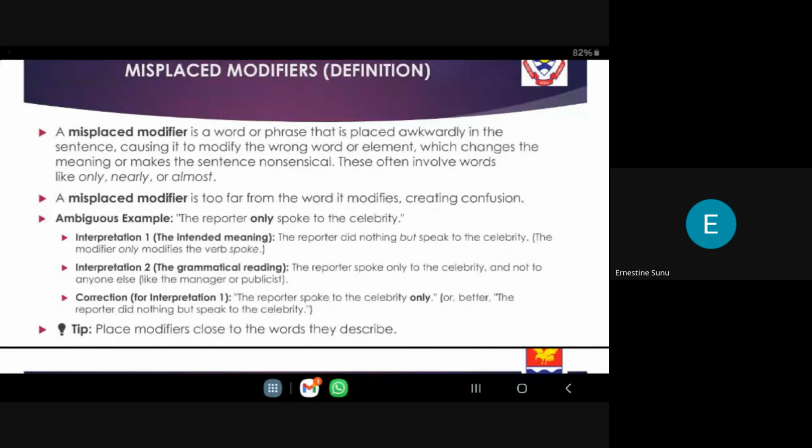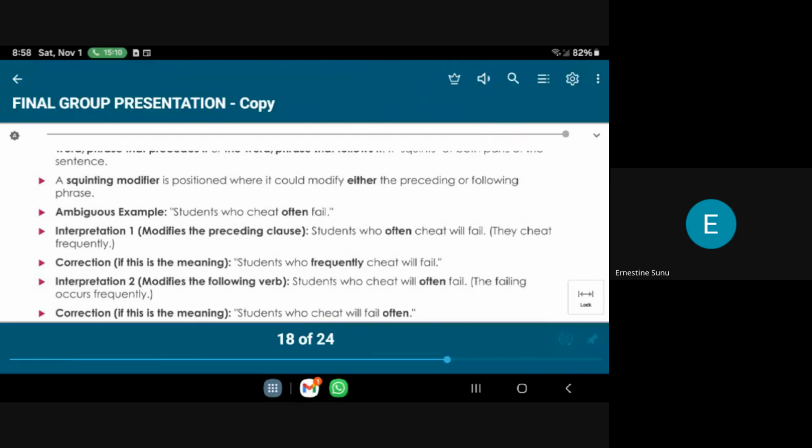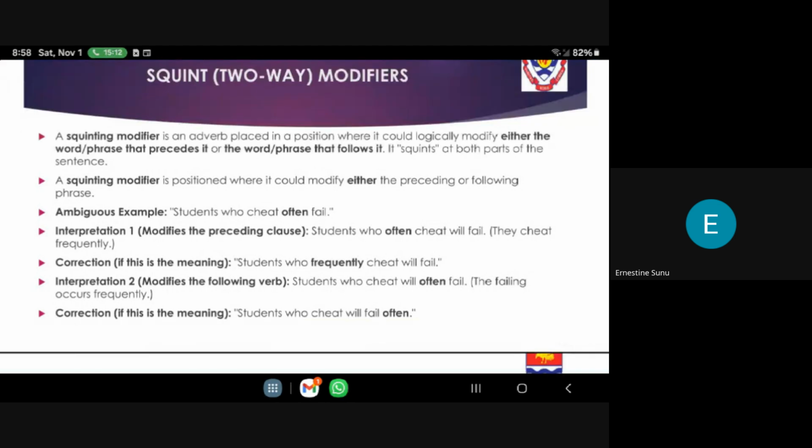Please, move to the next one. Okay, so the point I was trying to make is that you should move the degree adverb close to the word you are modifying. Then that can take care of the misplaced modifier. Thank you.